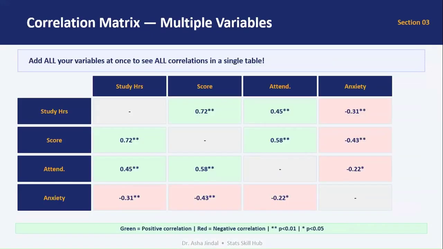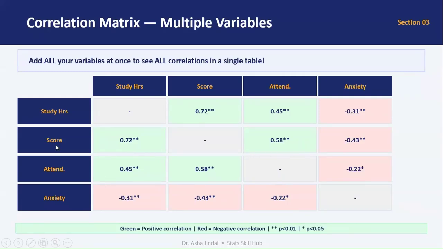A correlation matrix is useful when we want to study the relationship among multiple variables simultaneously. Instead of performing separate correlations repeatedly, Jamovi creates one combined table. Positive correlations are shown in one corner and negative correlations are shown in another.